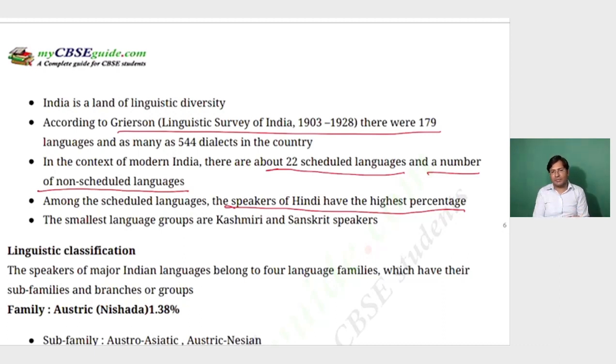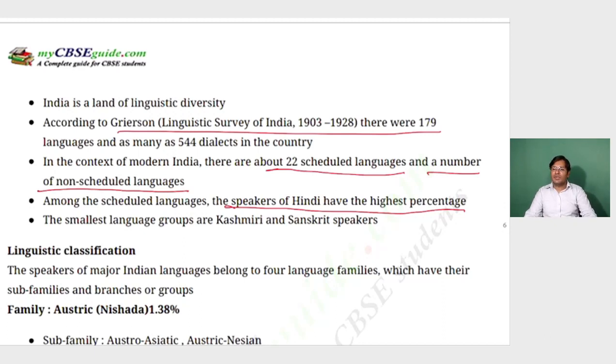मतलब अगर लैंग्वेज की बात करें तो it will have a very large diversity, and if we talk about the percentage, the highest number of people speak Hindi, means सबसे ज्यादा जो इंडिया के अंदर लैंग्वेज बोलने वाले हैं वो है हिंदी, और जो सबसे कम बोलने वाले हैं वो है कश्मीरी, संस्कृत और some other languages locally.